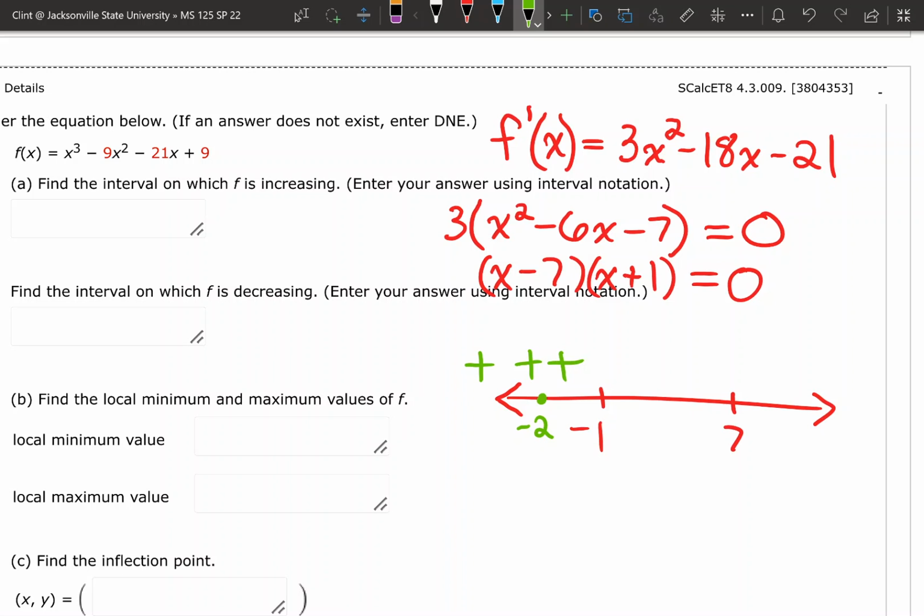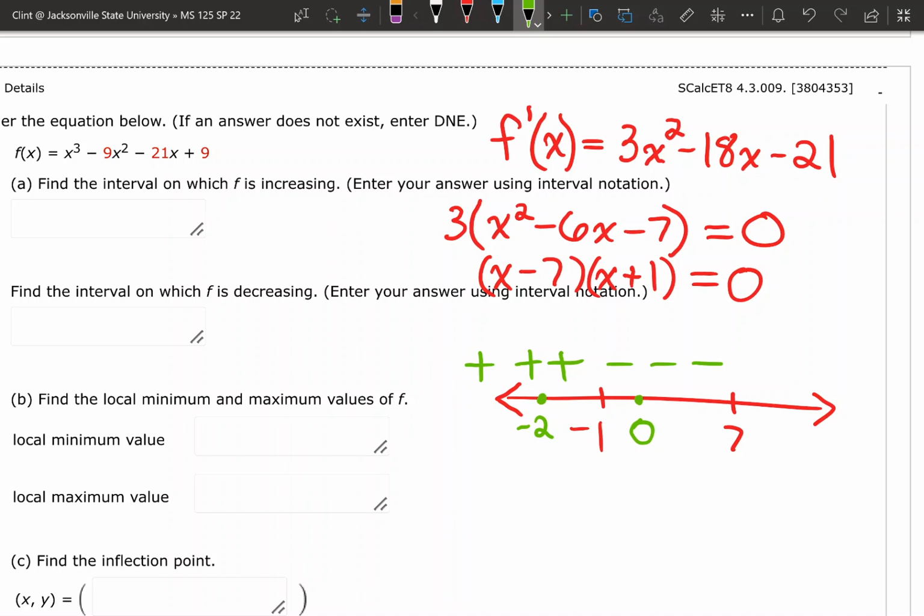We need something between -1 and 7. 0 is good. So plug in 0. What's it going to be? -21, yep, so it'll be negative. With 0, we can just go back here to probably the fastest.